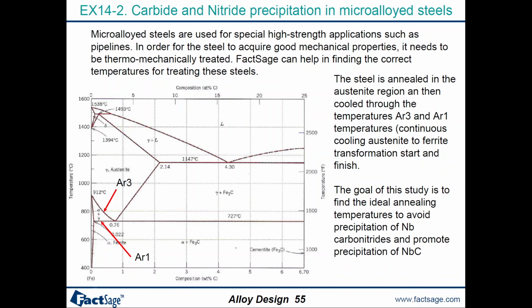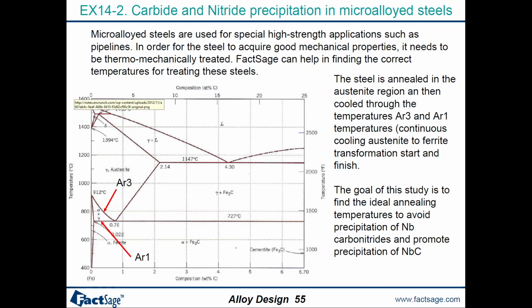The superior mechanical properties are attributed to the precipitates which are distributed by using thermomechanically treated alloys. Now, FactSage can be used to find the correct temperatures for these thermomechanical treatments of steels.